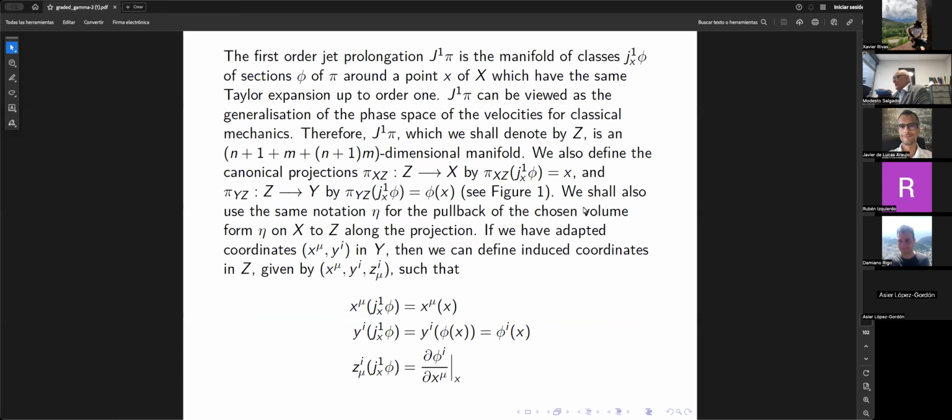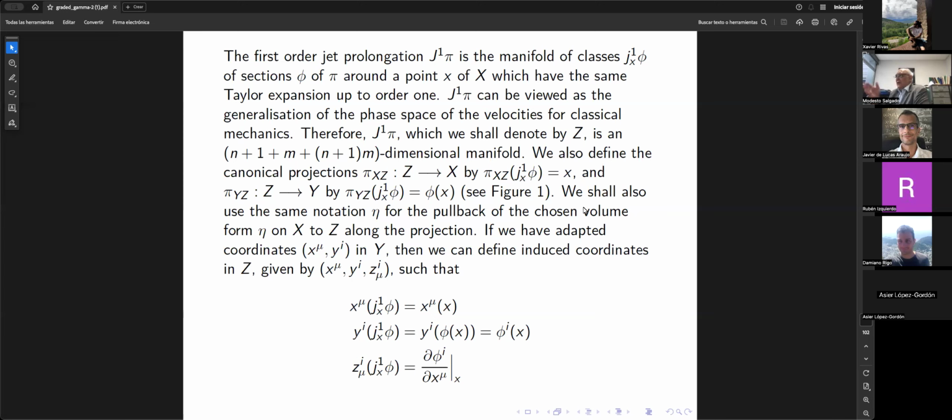And we consider the first order jet prolongation of this fibration pi from Y to X. So if we consider the space of one-jets of local sections, this is the space that we denote by zeta. I like the notation introduced in this book by Binz, Sniatycki, and Fischer, which is very simple. So I prefer to use zeta for J^1 pi.